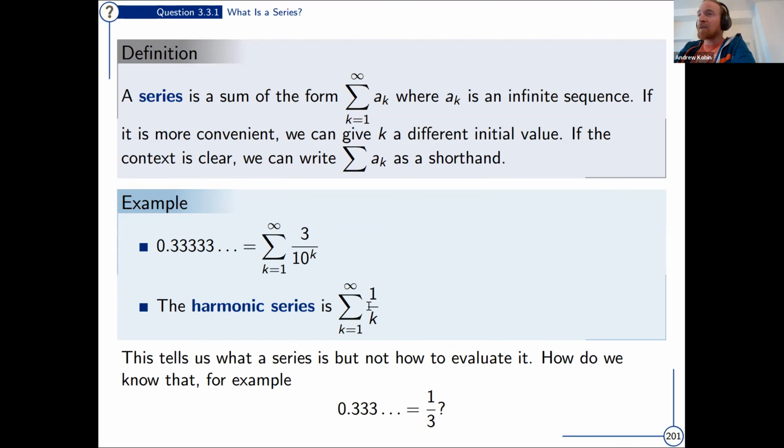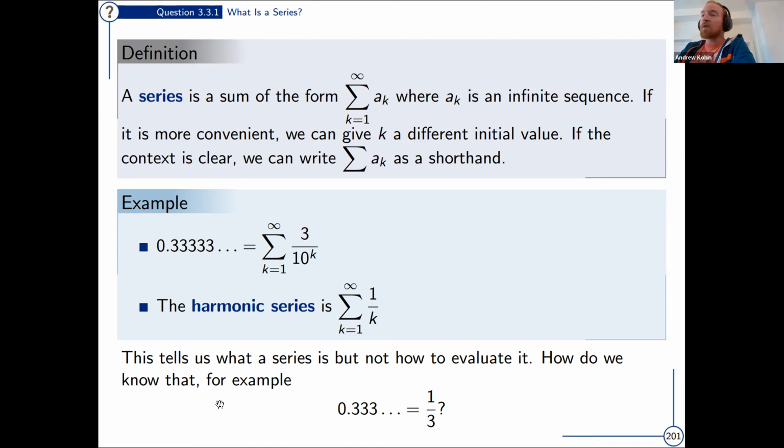We won't talk about why this is used in harmonics, but it's actually related to that other instance of the word harmonics in science. The harmonic series, I didn't write this series equals anything. We don't know right now what value to assign to it, if anything, but later we'll learn to determine if this can even be given a value, like the series above can be given a value 1/3.